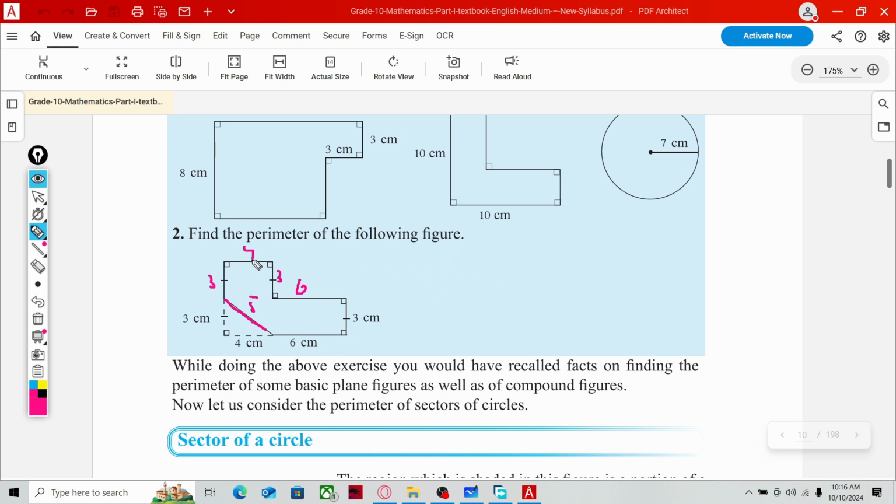So let's start from this very top. 4 plus 3 plus 6 plus 3 plus 6 plus 5 plus 3. What's the answer?